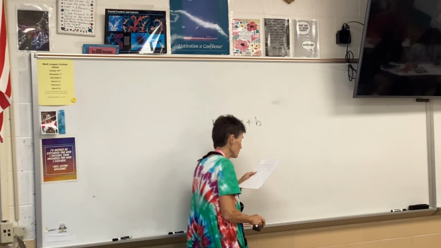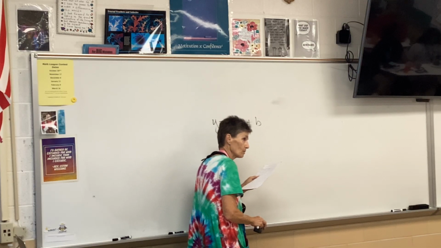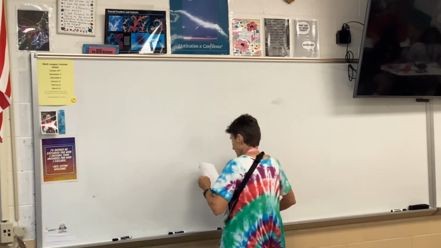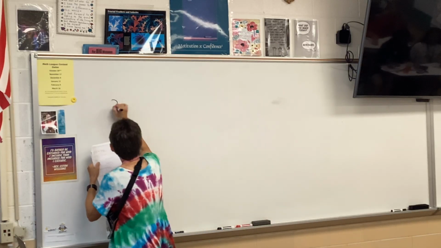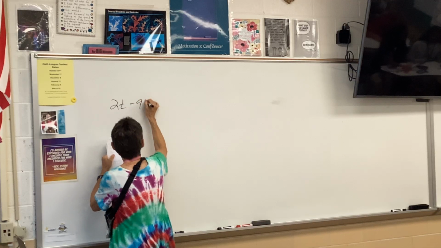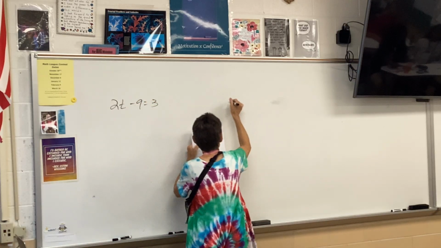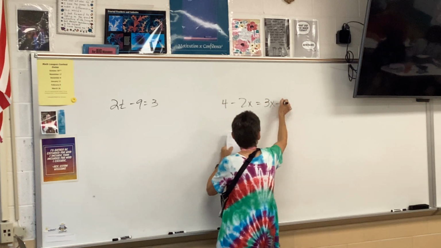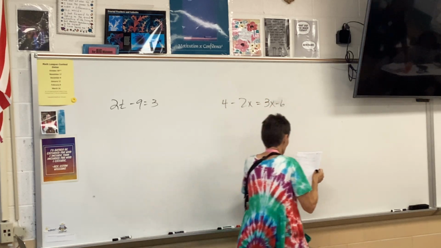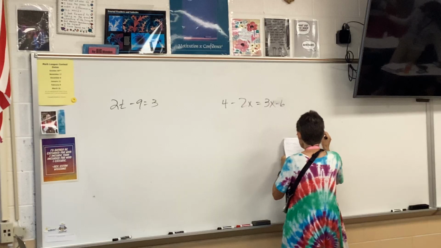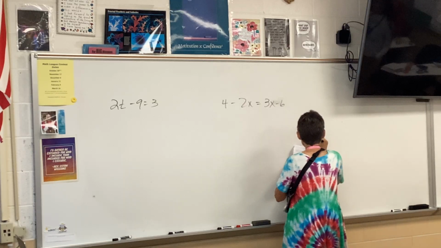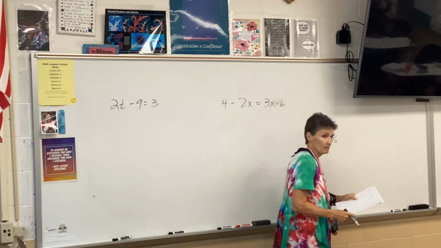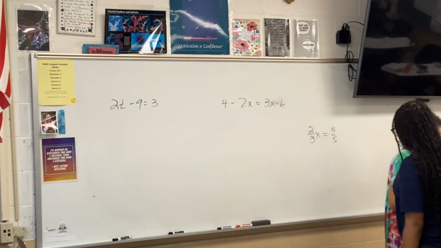Candace, I want you to come up and do 3A. You can do it by yourself or bring a friend. Ellison, I want you to come up and do B by yourself or with a friend. And Ellis, I'm going to give you kind of a tricky one, but I think you can figure it out by yourself or with a friend.